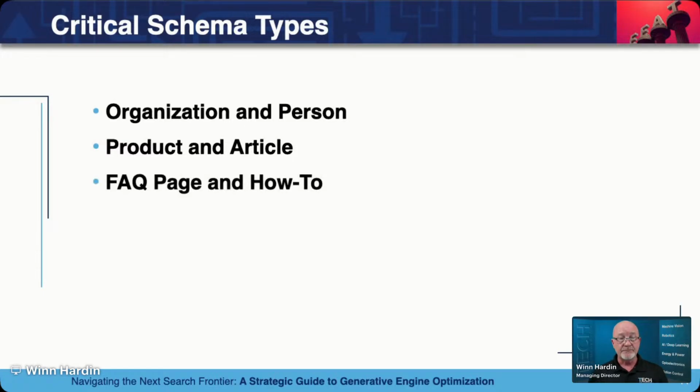Next is the person, and the FAQ page. It establishes the identity and expertise of authors and subject matter experts, linking them to their credentials, their affiliations, and public works. And this directly supports the EEAT concept that we were talking about earlier.